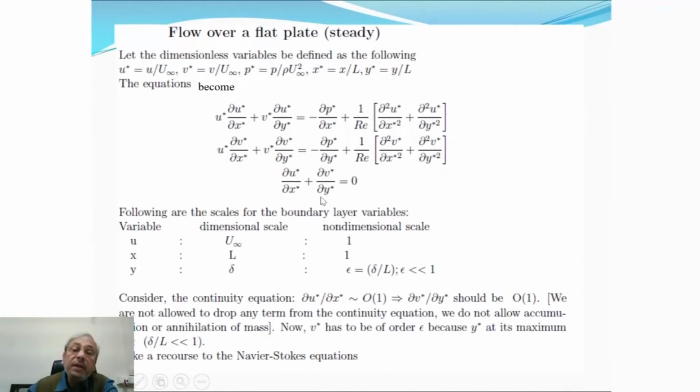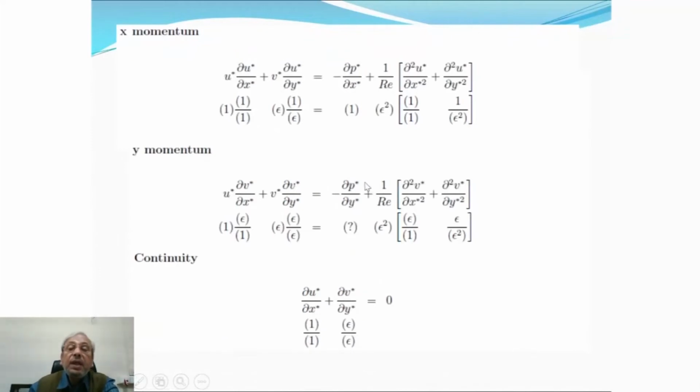So from here we get the order of v star. And then we substitute: u star order of 1, del u star del x star 1 by 1, v star order of epsilon, del u star del y star, del u star of order of 1, y star order of epsilon, and v star order of epsilon.